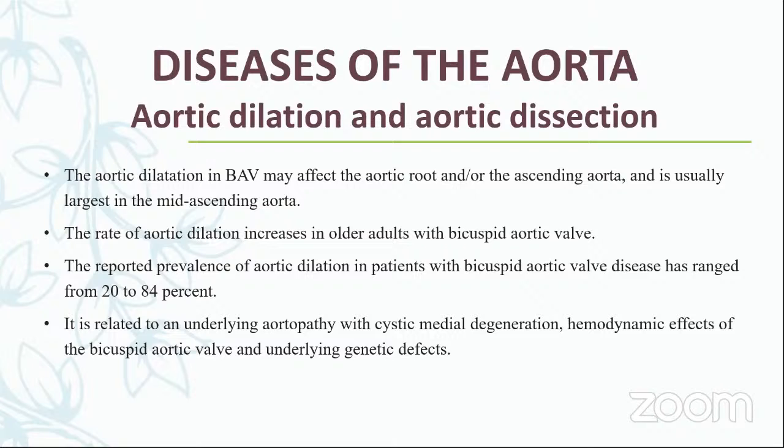The reported prevalence of aortic dilatation in patients with bicuspid aortic valve has ranged up to 84%. It is related to an underlying aortopathy with cystic medial degeneration, the hemodynamic effect of the bicuspid aortic valve, and an underlying genetic defect.